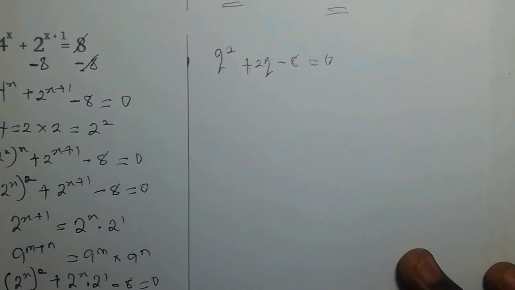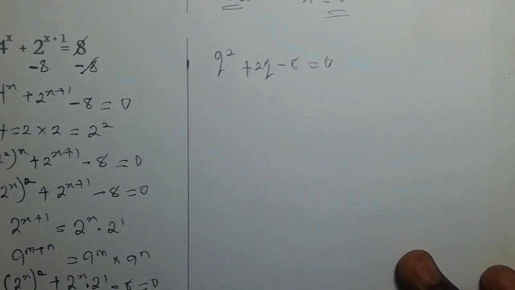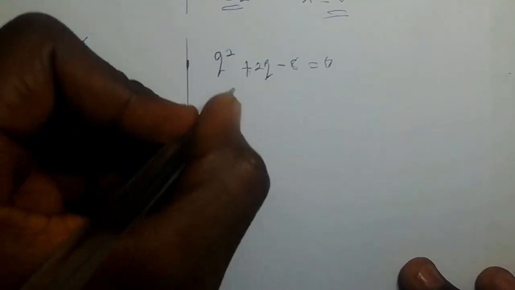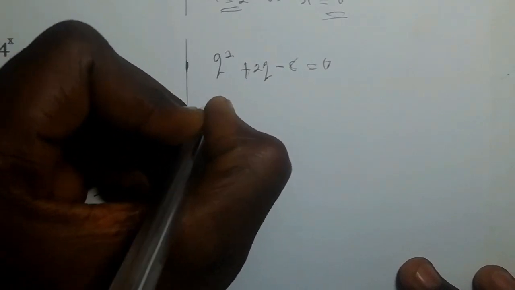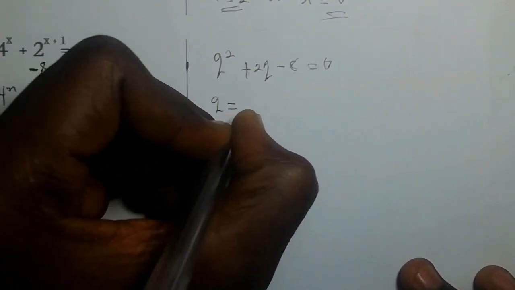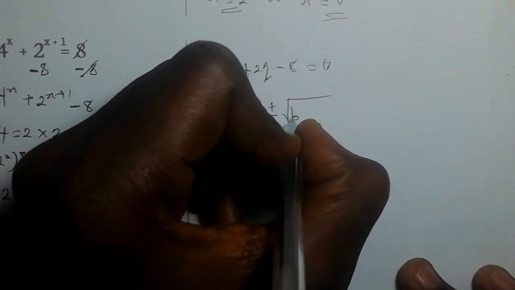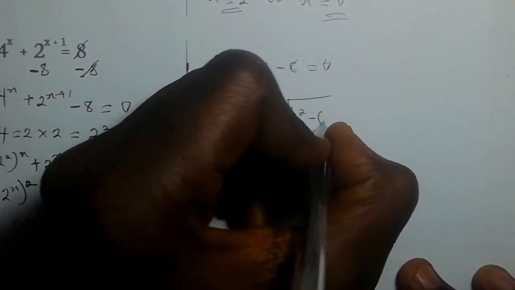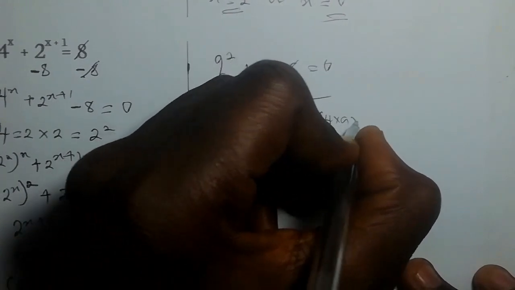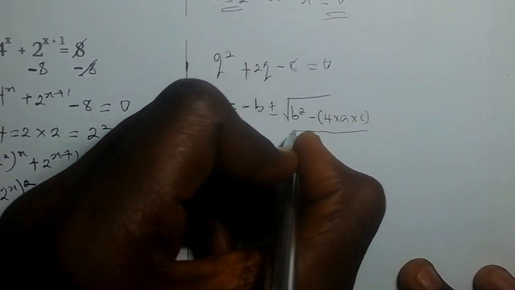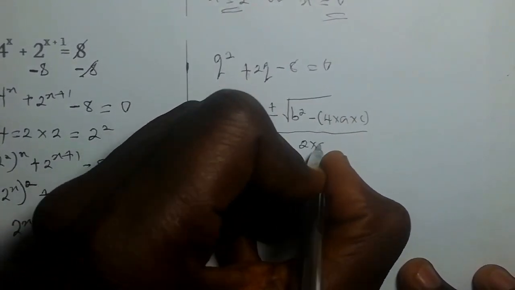We can use any of the methods of solving a quadratic equation, but for this example, let's use the quadratic formula, which says q is equal to minus b plus or minus square root of b squared minus bracket 4 times a times c, all divided by 2 times a.